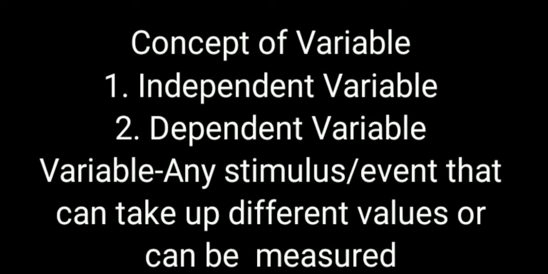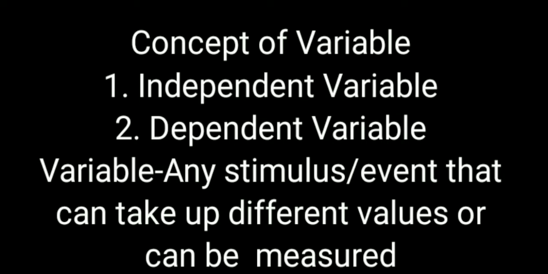happiness among participants. So in this example, the independent variable is a factor or condition, that is money here, which is deliberately manipulated by a researcher to see whether it causes any change in behavior or a condition, and that is the level of happiness, which is the dependent variable.